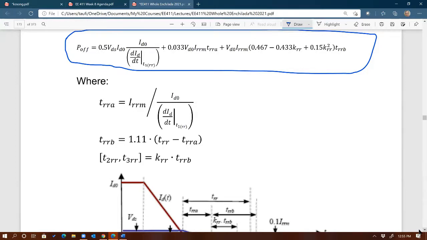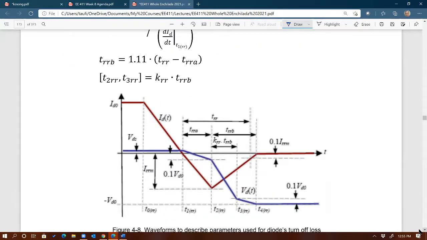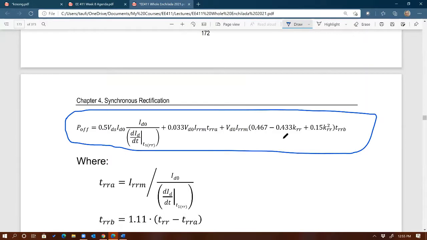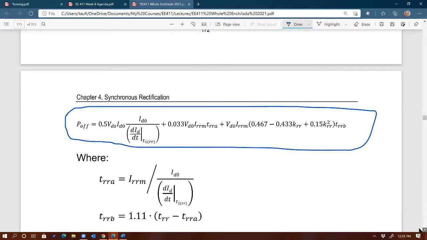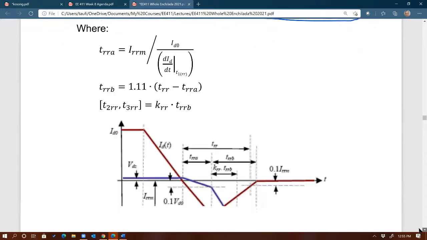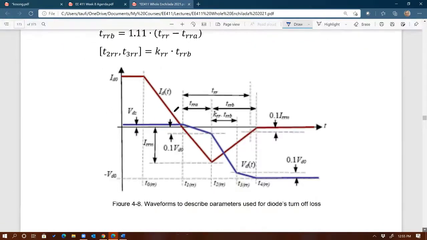You're going to have to capture the waveforms on the scope so that you know how to fill in those parameters in the equation, because we have, for example, ID naught, dID/dt, TRRA, KRR, and so forth. Oh, TRRB, right? If you are wondering what those are, then you'll see those from here.